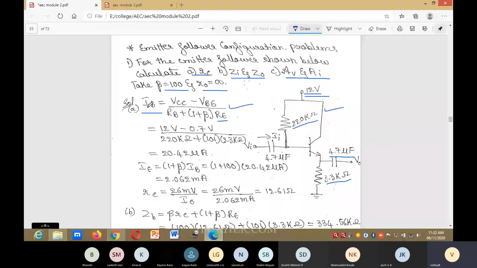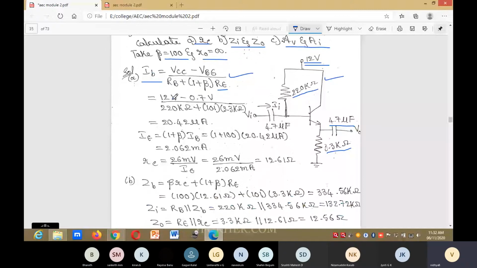First we need to find IB. VCC value is 12 volts and VBE, they have not given, but we need to consider it as 0.7 volts. RB value is 220 kilo ohm, RE value is 3.3 kilo ohm and beta value they have given 100. You need to substitute all and you will get 20.42 microamps.